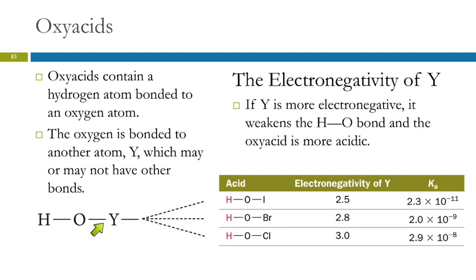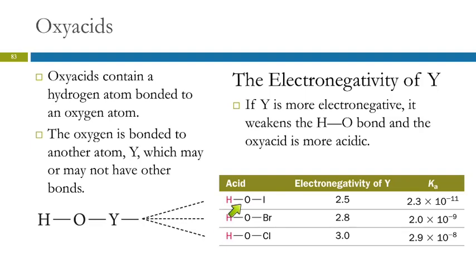But the nature of that element, whether it's iodine or nitrogen or sulfur, is going to affect the strength of the hydrogen-oxygen bond. So if Y, that other element, is more electronegative, it's going to pull some of the electron density from oxygen, which is pulling electron density from hydrogen, and it's going to make this bond weaker, and that makes the acid stronger.